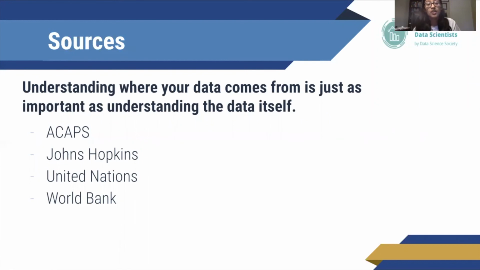Second, we got our COVID-19 confirmed case data from Johns Hopkins University, which is a university right here in America in Baltimore, Maryland. Then we got our other data from the United Nations, which is an intergovernmental organization that aims to promote peace and diplomatic relations amongst countries around the world. And then lastly, we got data from the World Bank, which is a financial institution that gives loans to poor and developing countries to promote growth.